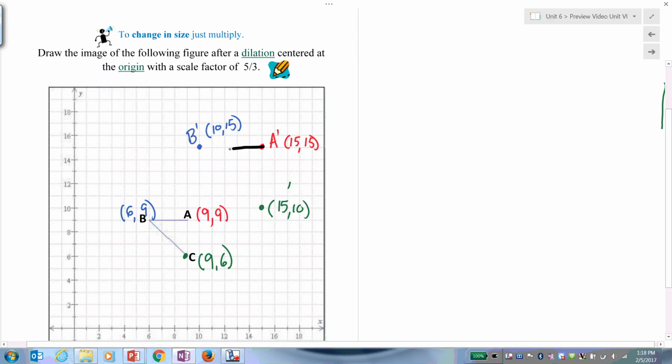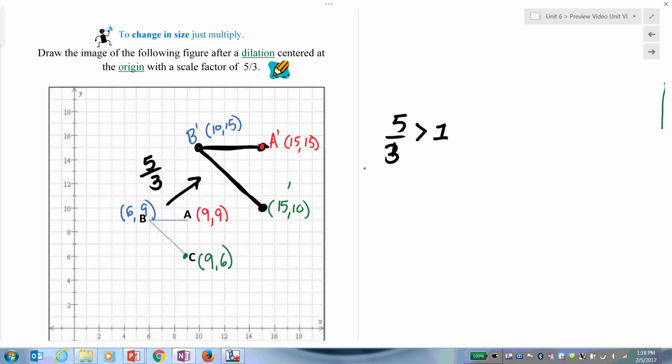Now you simply connect them, and you can see we have the exact same image, but it is dilated by a factor of 5/3. And because 5/3 is bigger than 1, we know that it is an enlargement of the image, not a shrinking down.